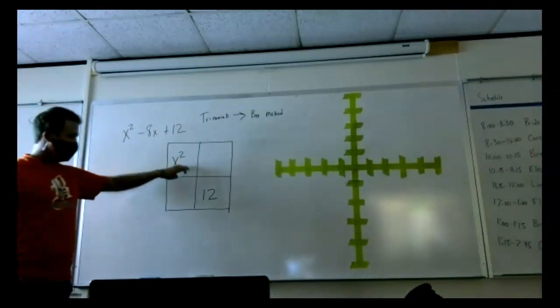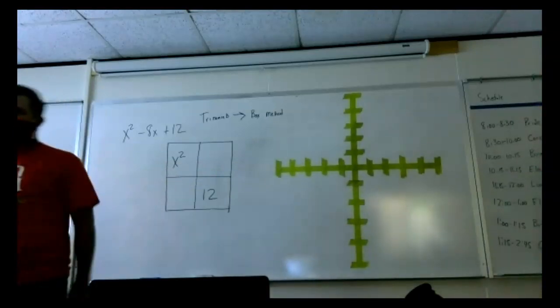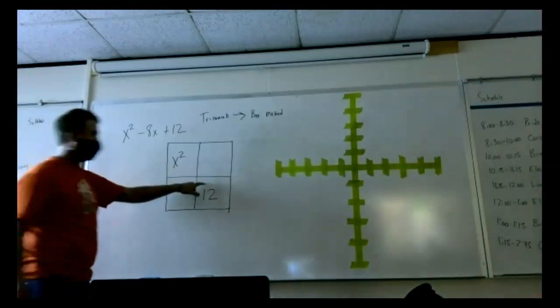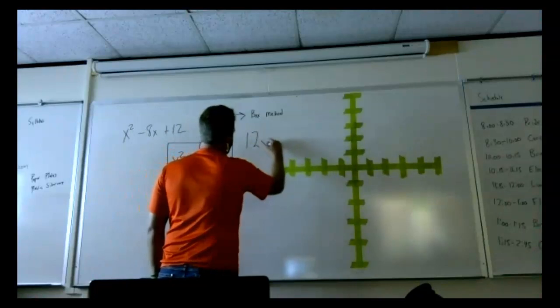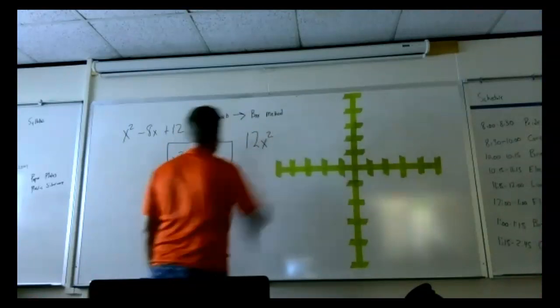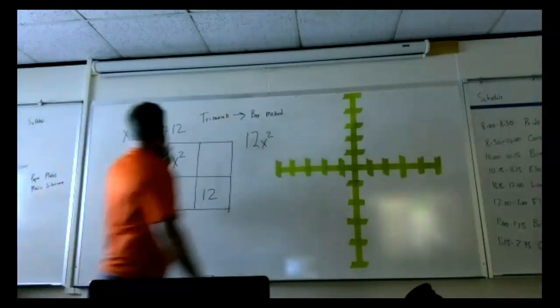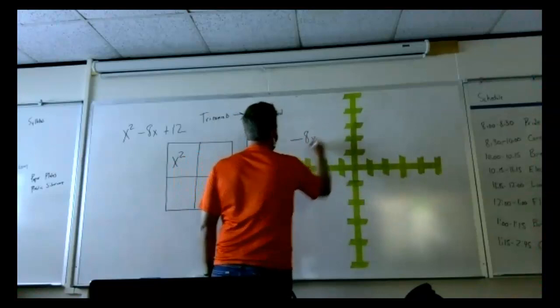A goes top left, C goes bottom right. Now, I'm going to multiply A times C, and I'm going to get 12x squared, okay? And my value for B, what they have to add up to, is a negative 8x.